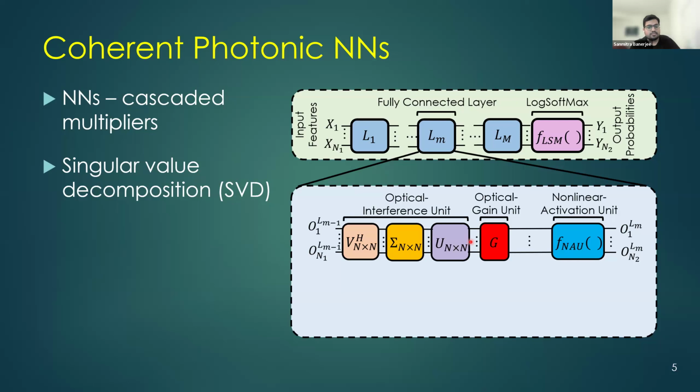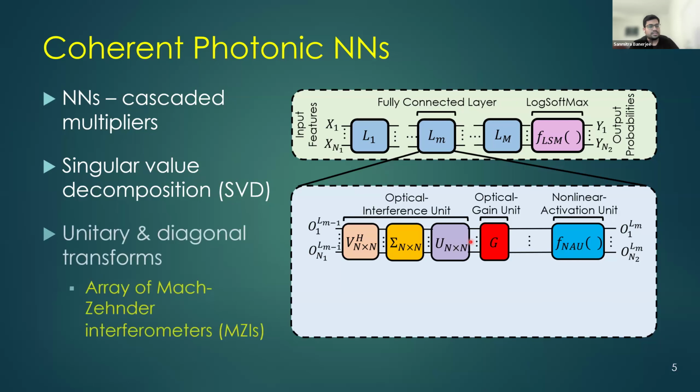Each of these three matrices can be represented by devices called Mach-Zehnder interferometers, which are interferometers with two phase shifters and two beam splitters. We'll have a diagram of that coming soon. Basically, these are interferometric devices that can represent any unitary and diagonal matrix, and in turn, by having a product of unitary and diagonal matrices, they can represent any weight matrix.